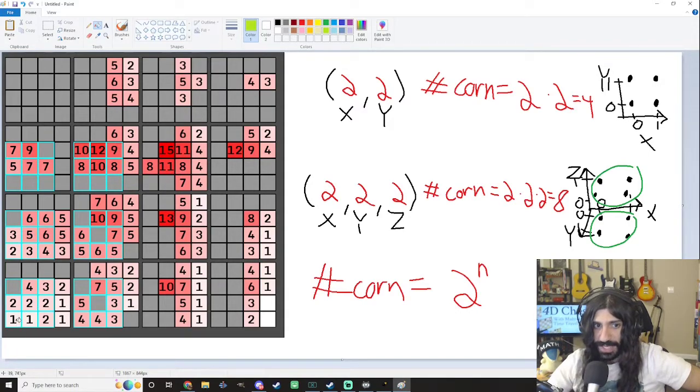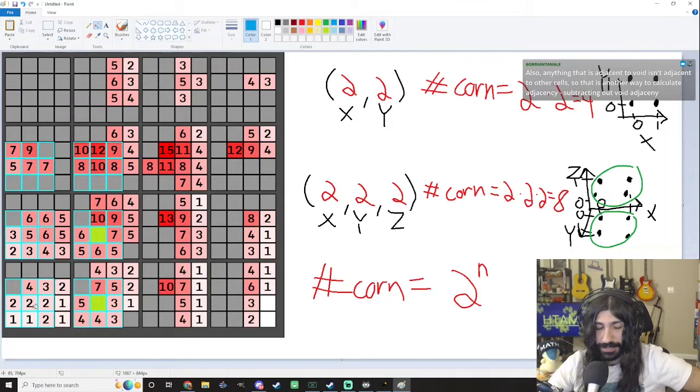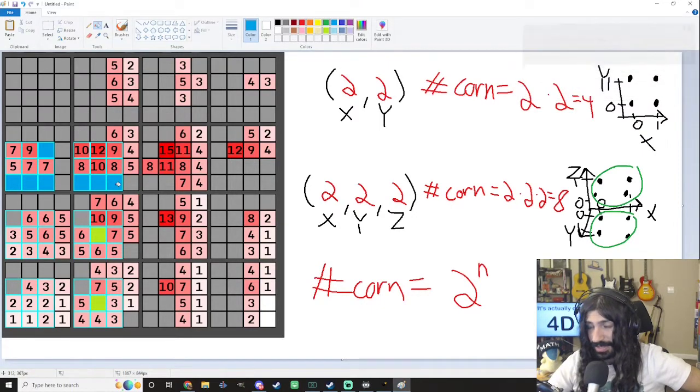Okay, first of all, because of this 1, let's get this right out of the way. We know that there's a mine either here or here, okay? Because of this 5 compared to this 2, there are three mines in this region here, okay?